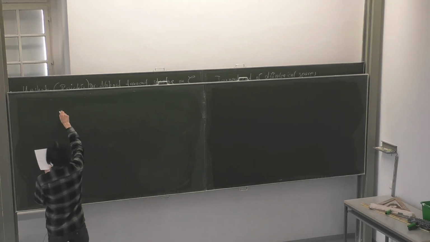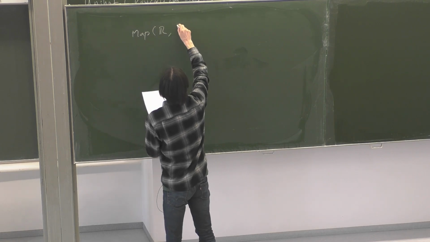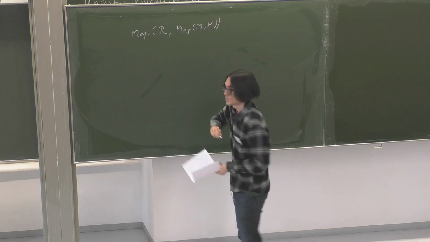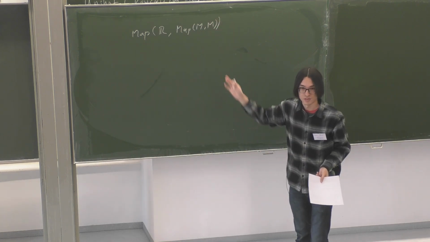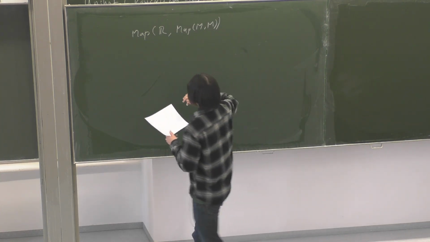Well, it's kinematic for one. The T is kinematic. So let's say I'm going to use self maps because we want to talk about diffeomorphisms, so maps from M to M. Of course, you could put N here if you like.